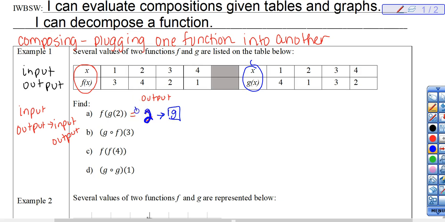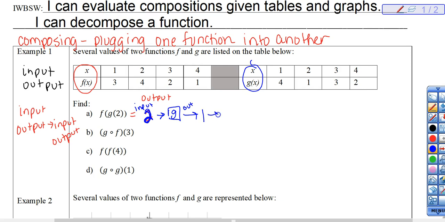So this is an input, and it's going to produce an output. So what's coming out if I plug in a 2? Look at my g function. What's my g of 2? It is 1. So I plugged a 2 into my g and I got out a 1, according to this information on my input-output table.